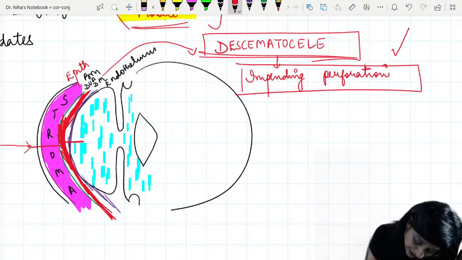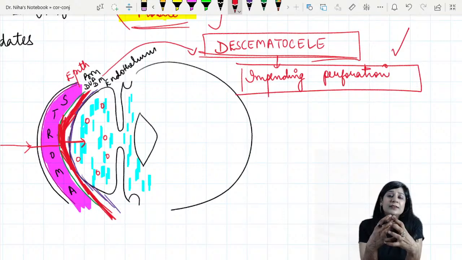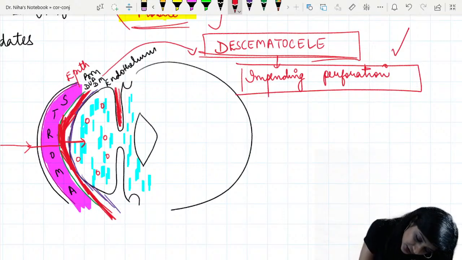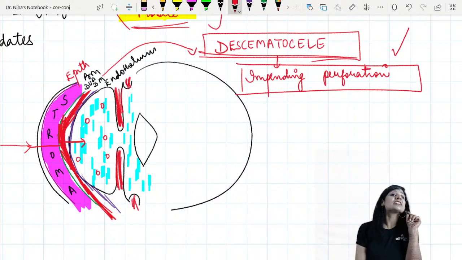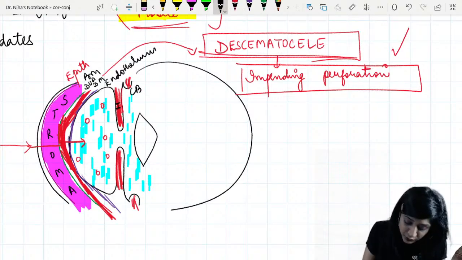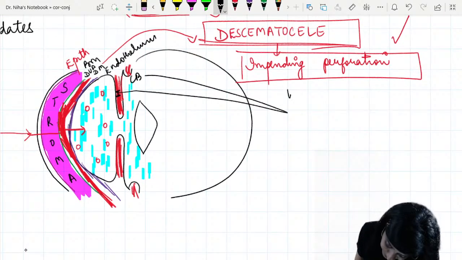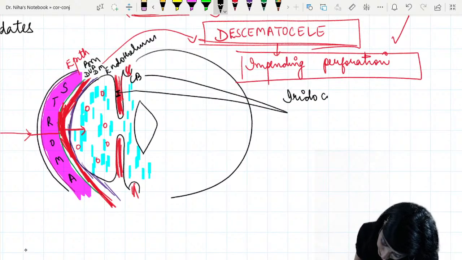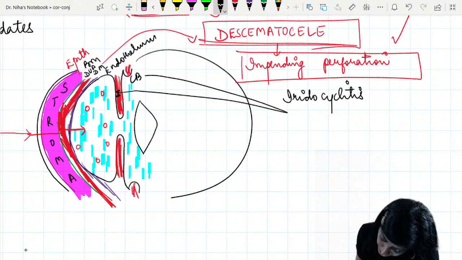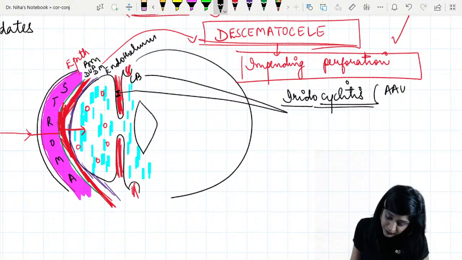Yes, so this is your Descemet's membrane. Now we are going inside and we are having the exudation in the anterior chamber. These are your aqueous cells, exudates are there, and therefore we will have inflammation in the iris as well as the ciliary body. Now see this very carefully. If I am having inflammation in the iris as well as the ciliary body together, what is it called? Iridocyclitis, that means acute anterior uveitis.